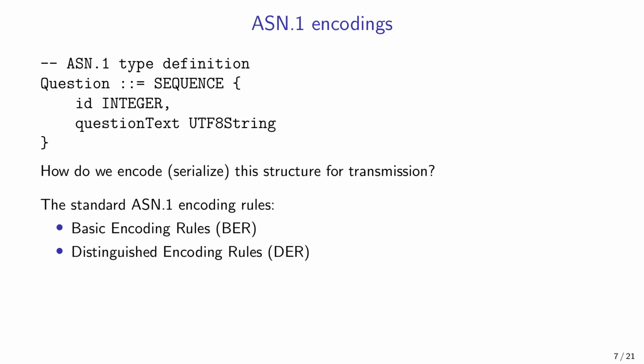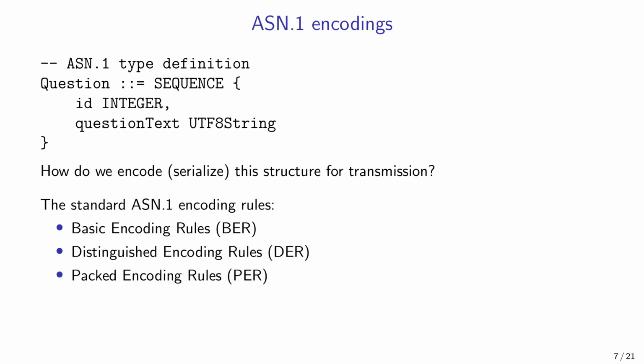While BER provides some flexibility on how to encode the data, in DER, the same data value can be encoded in only one valid way. This is the reason why DER is preferred to encode cryptographic values, because then we can easily bit-to-bit compare to check whether two DER encoded structures contain encoding of the same data.